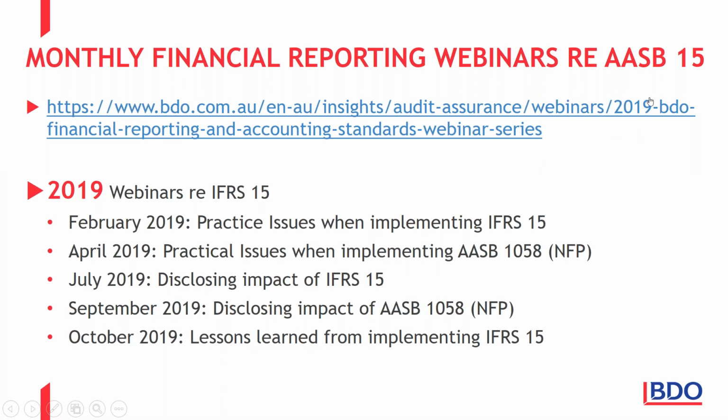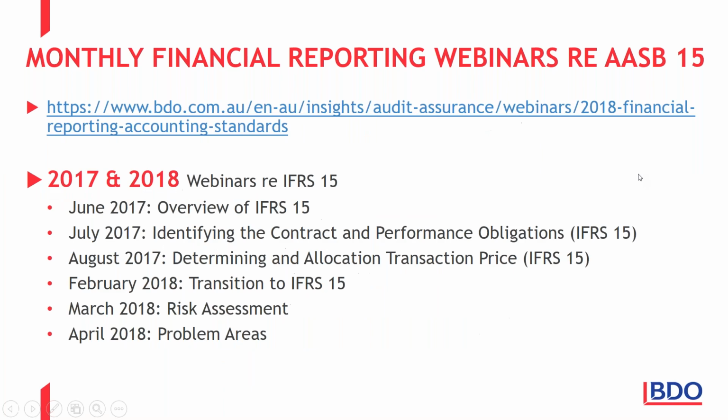So I've made a list here for you as well. Maybe more importantly, if you want more information on AASB 15, I've given you a link there. You can go back and look at 2017 and 2018 webinars on AASB 15. In June 2017, we did an overview of IFRS 15, and then we had some additional webinars, in total 6 webinars during 2017 and 18, talking about particular aspects of AASB 15.